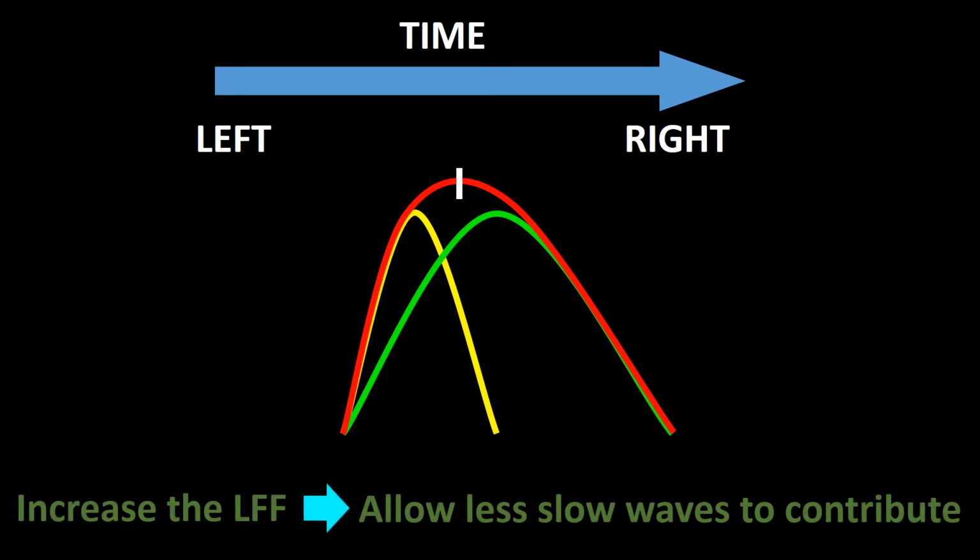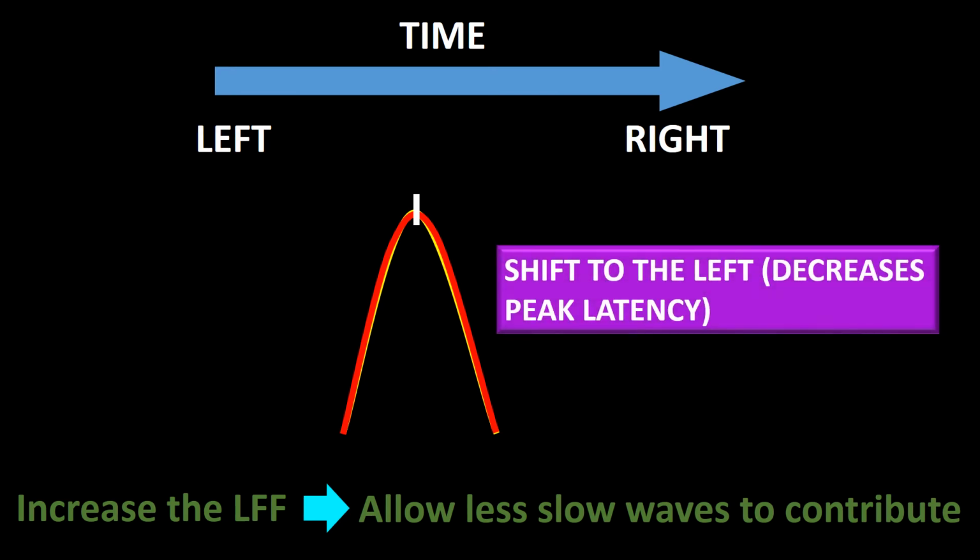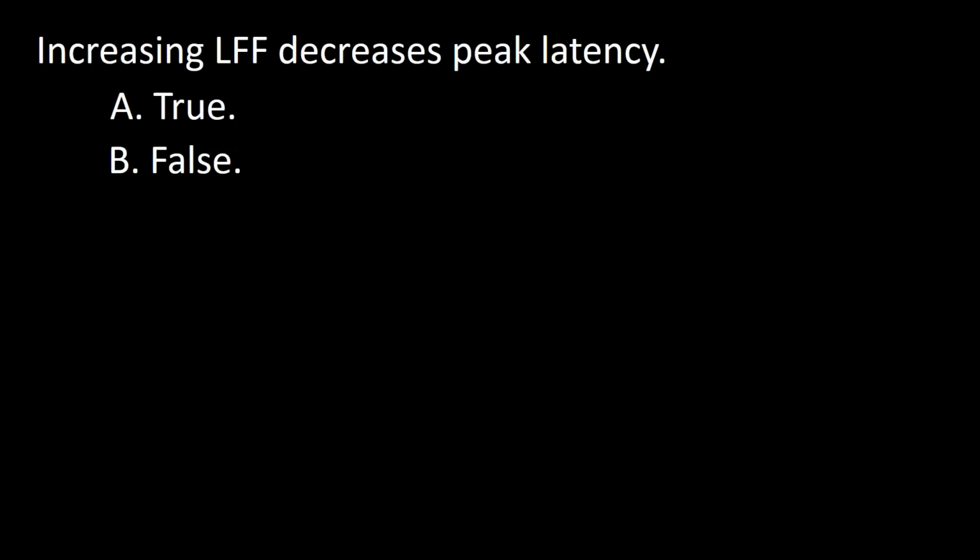If we increase the low frequency filter, we remove the slower wave, thus changing the ultimate wave by decreasing the peak latency and also decreasing the amplitude of the wave. This is called a shift to the left. So the answer to this question is A.